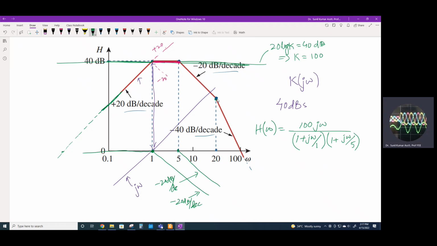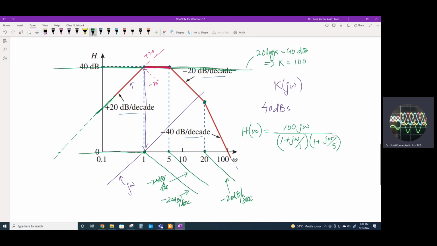And moving on, reaching omega equals 20, I have a further reduction in the slope, and the slope changes from minus 20 to minus 40. That means there will be another pole at omega equals 20 with a slope of minus 20 dB per decade, and we include that in our equation as well.